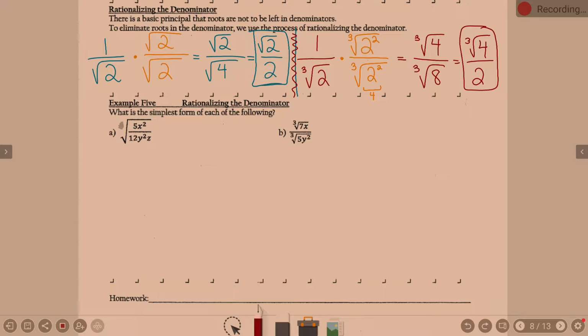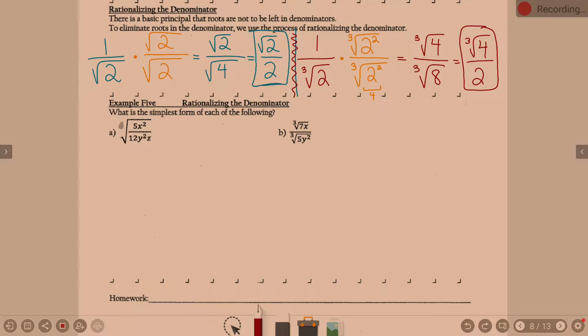In order to simplify a square root of 2, I need another square root of 2. This is a cube root of 4. If I wanted to reduce these, it'd have to be like a cube root of 2. They both have to be cubes. Does that make sense? If they're both cubes or both squares, then yes. But since one's inside a radical and one's not, they are separate.